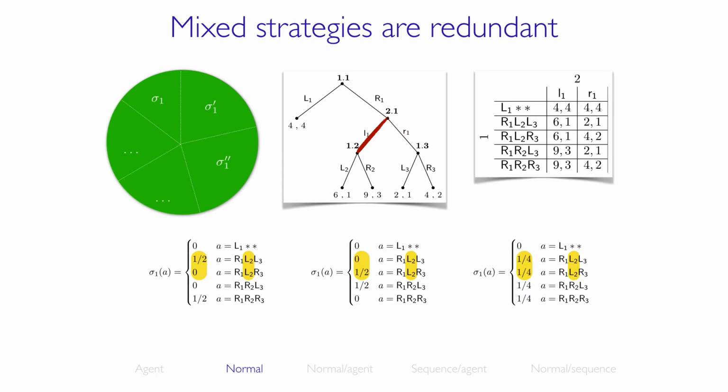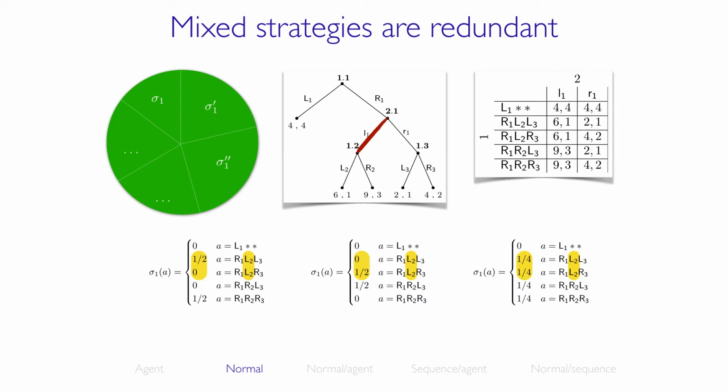The probability to reach the outcome (6,1) when player 2 plays l1 is the probability that player 1 plays L2 in some plan. In the first strategy, the plan R1, L2, L3 is played with probability 1/2, while the plan R1, L2, R3 with probability 0. Thus, the outcome (6,1) is reached with probability 1/2.